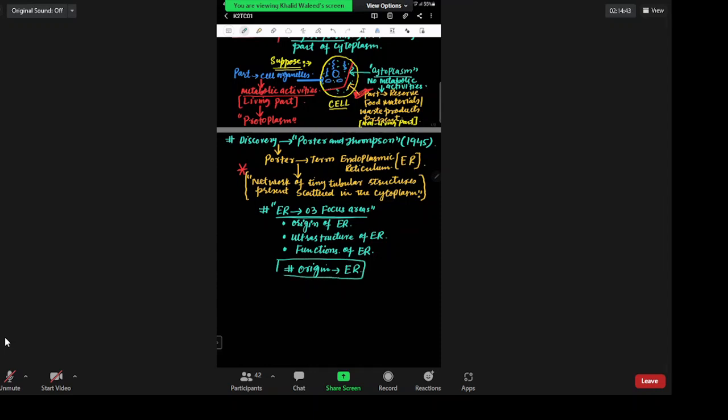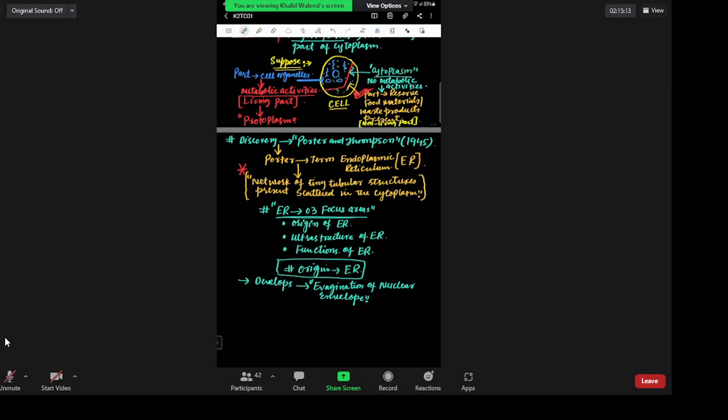Class. Endoplasmic reticulum develops due to the evagination of nuclear membrane or nuclear envelope. We all know that all the biomembranes are elastic.